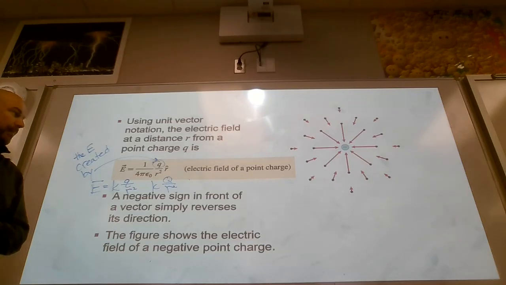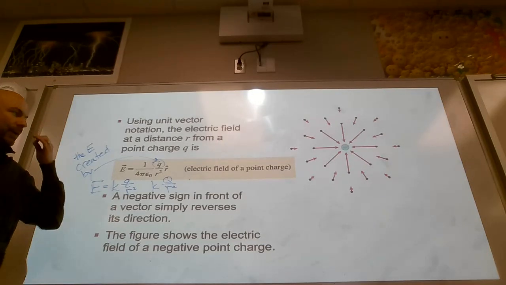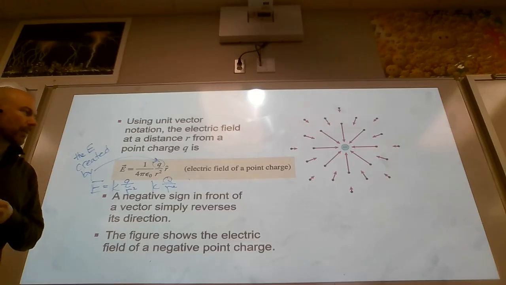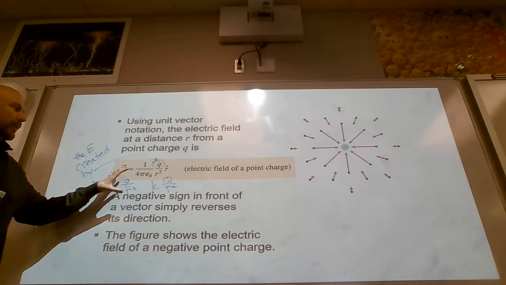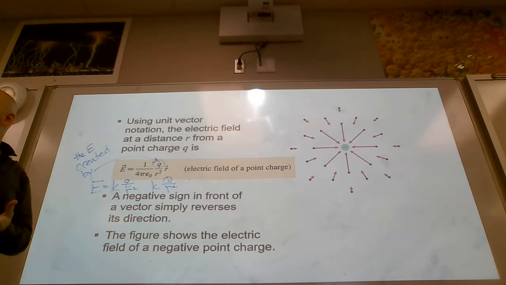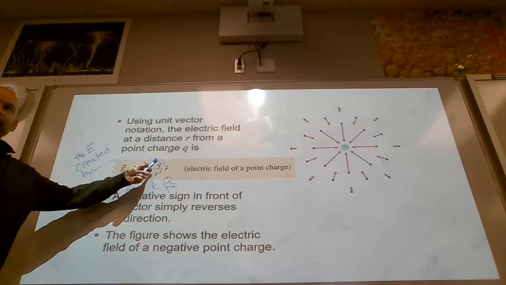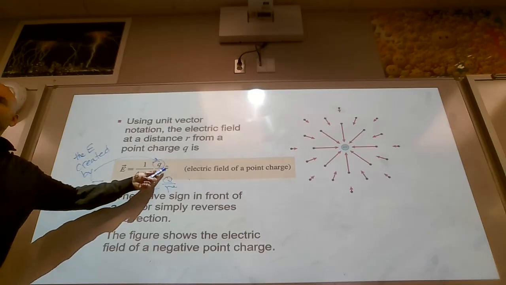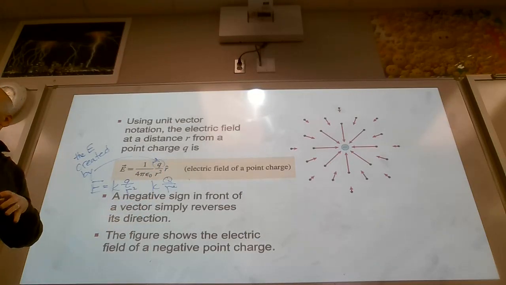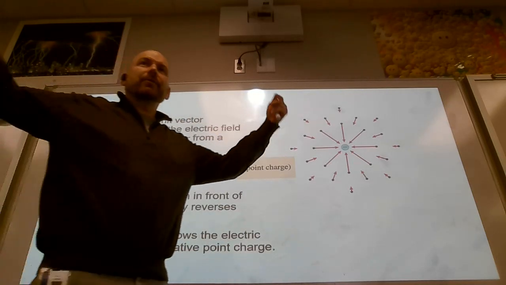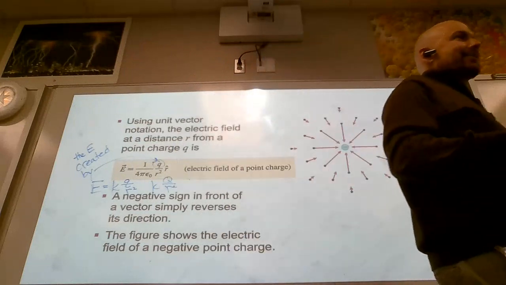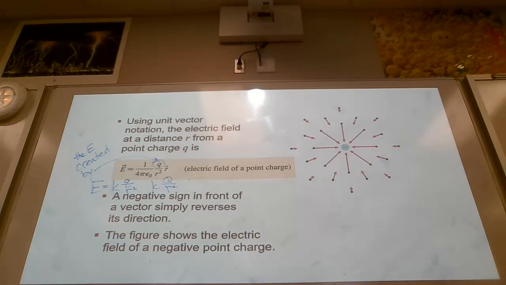Here is what I would recommend doing. This is how you would enter it into a computer program. If you want to include the charge, the positive and negative charge here, this will take care of saying, is it going out of positive or into negative? I think that's ridiculous unless you're talking to a computer.